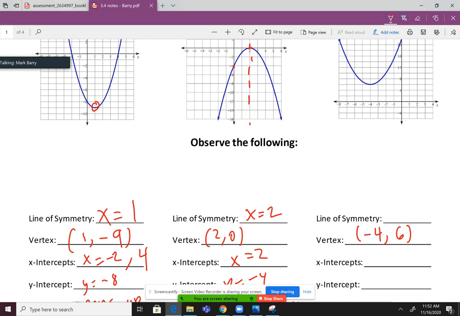All right, so I did get -4, 6 for my vertex. Like I said, you got to be careful about that y scale. It was counting by 2s. So that would mean my axis of symmetry, or my line of symmetry, is x equals -4.